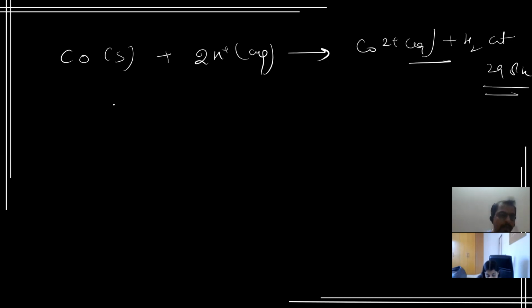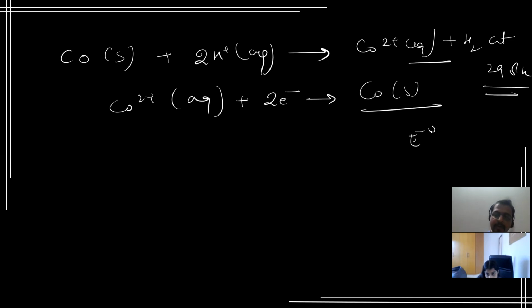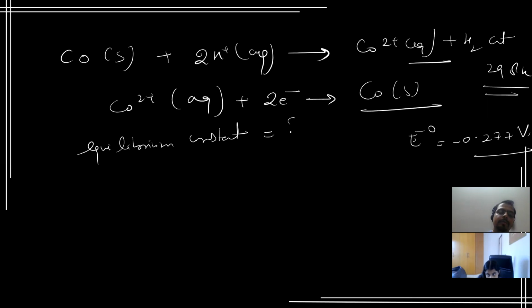And then Co2 plus aqueous combines with 2 electrons, reduction happens, forms cobalt solid. The E naught value of this process is minus 0.277 volt. So what will be the equilibrium constant? Can you calculate the equilibrium constant for this process?